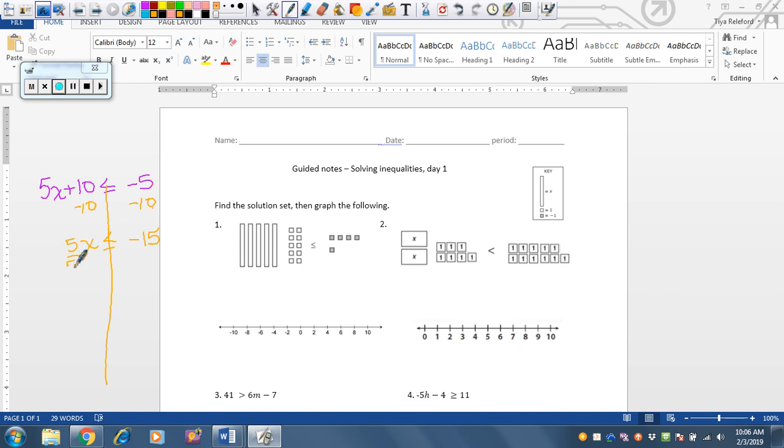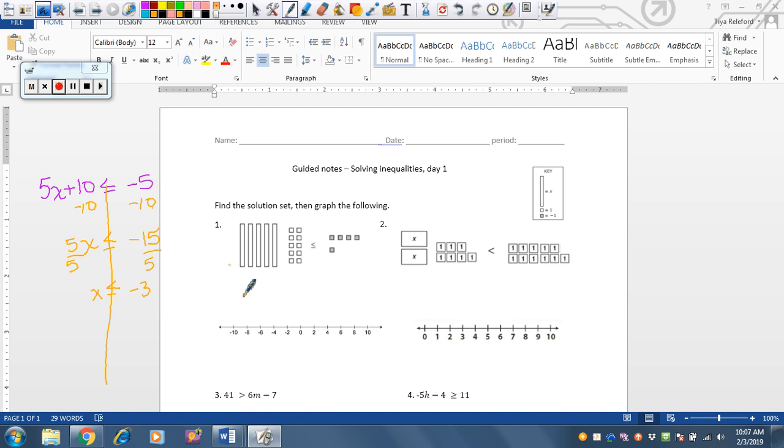And then divide by 5. Again, you have to keep track of your negatives. Tic-tac-toe says this is a negative 3. Do not flip your sign. You did not divide by a negative. You only flip if you're multiplying or dividing by a negative number.